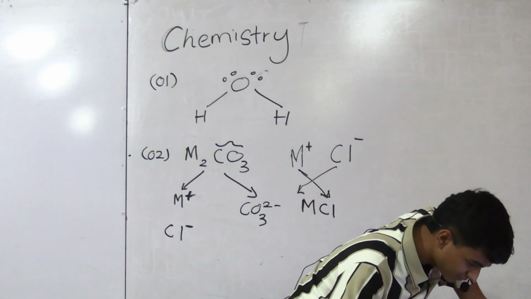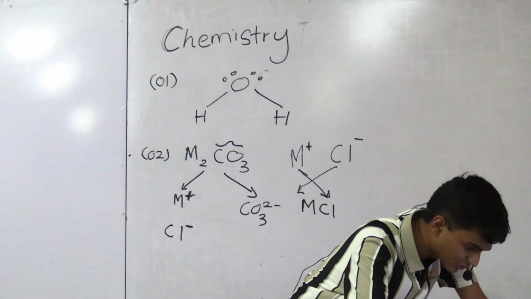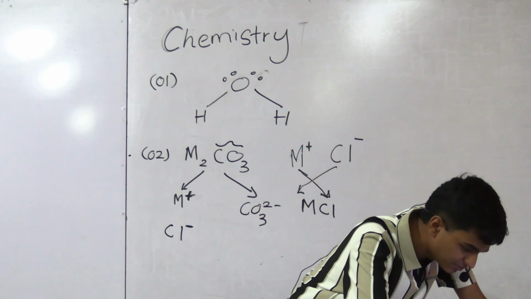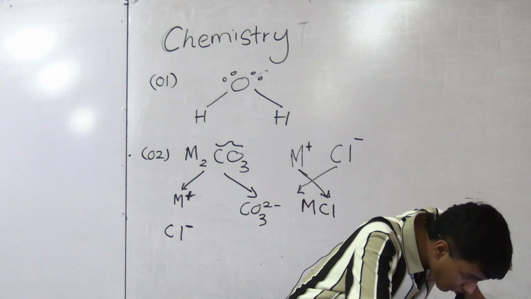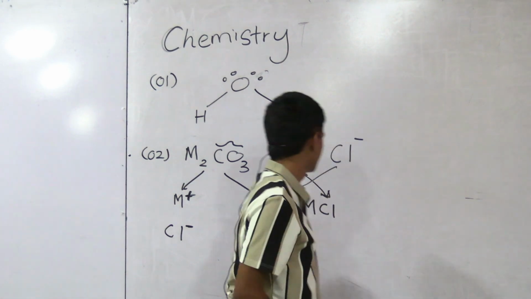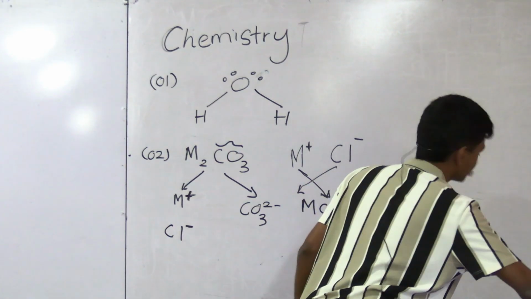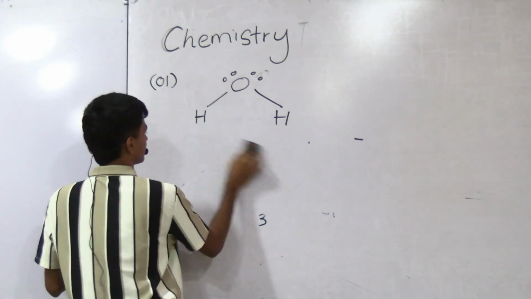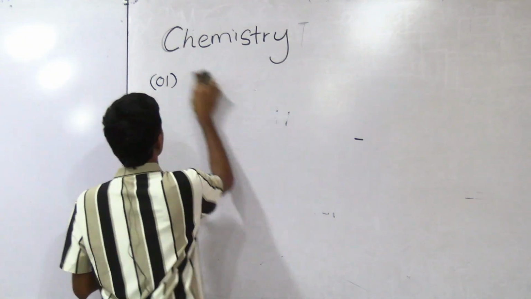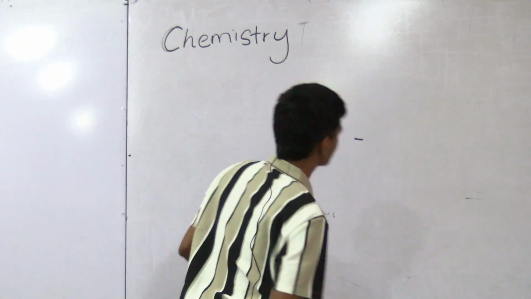Question number 3, the number of protons and electrons in an aluminium 3 plus ion are respectively. Okay, I'm going to clean up here first. Question number 3.